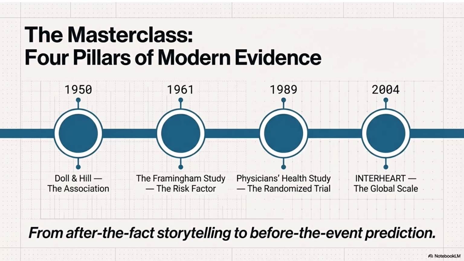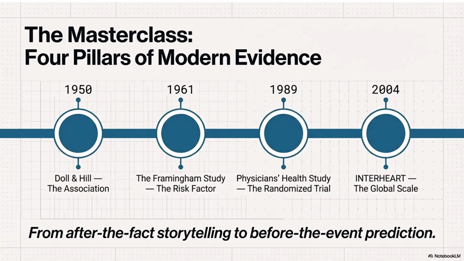This slide shows 4 historical anchors that changed how modern evidence works. First, Doll and Hill in 1950 with smoking and lung cancer. This was the birth of the association. Then the Framingham study with the invention of the risk factor.